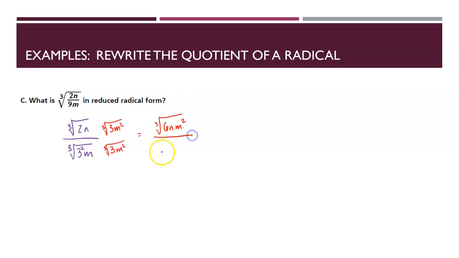The denominator, we would have now the cubed root. I'm just going to write it like this, because 3 squared times 3 would be 3 cubed, and m times m squared would be m cubed. And so that would simplify. The denominator would simplify to be 3m, because if you just leave it like this, remember, take the power divided by the root, so 3 divided by 3 would be 1, so we'd be left with just 3.